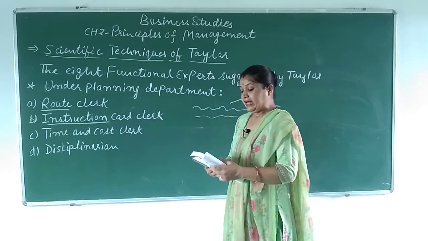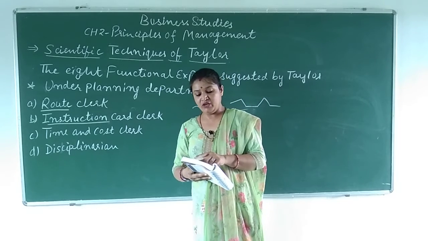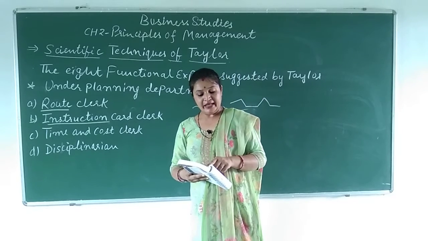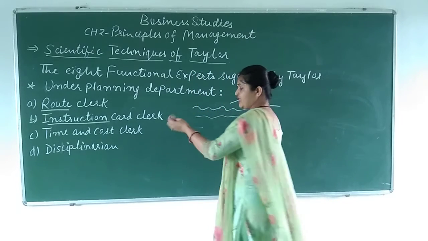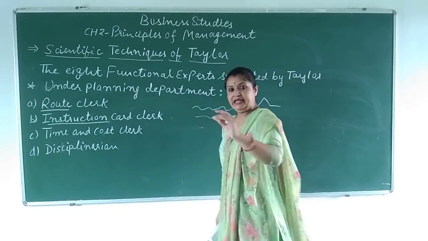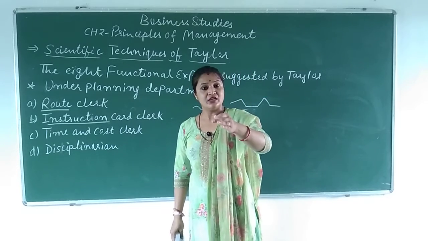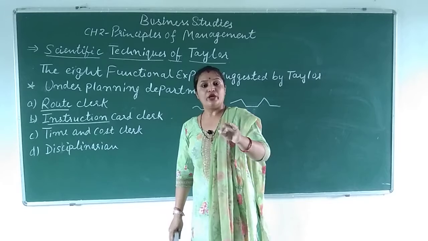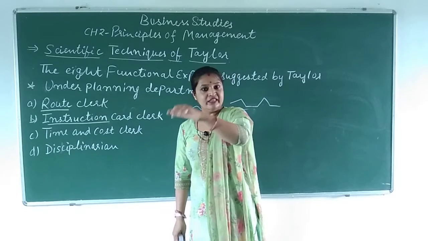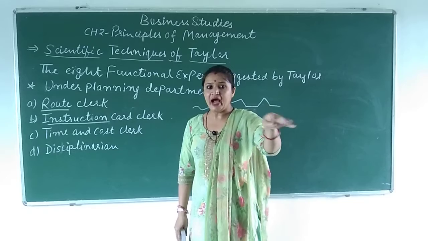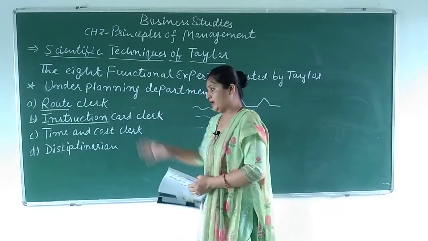This foreman is responsible for giving general instruction necessary to carry on the job in a specified manner, means the work should be done properly. He will give instructions to the workers, this foreman of planning department, that you should do work in this way, do this, do that. So he will instruct the workers.